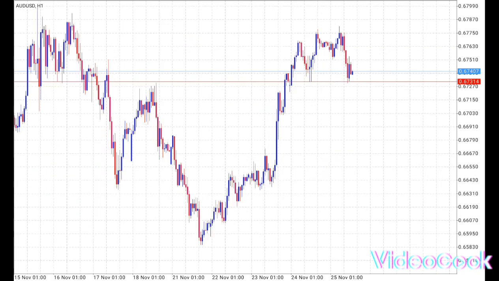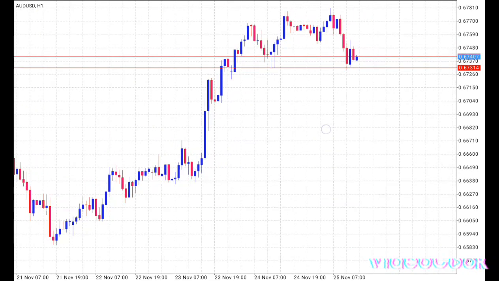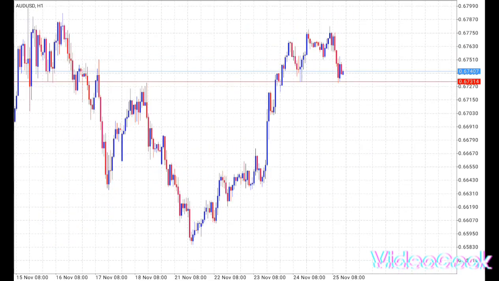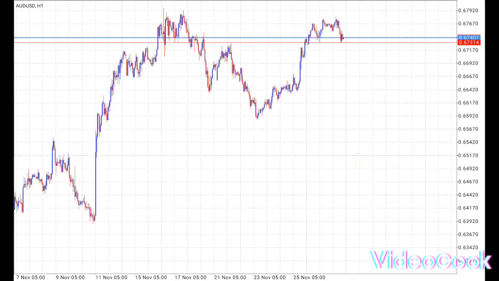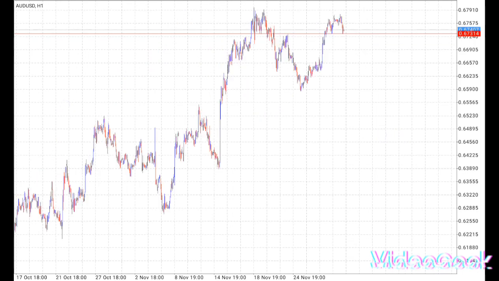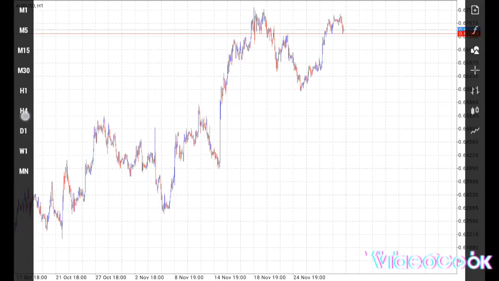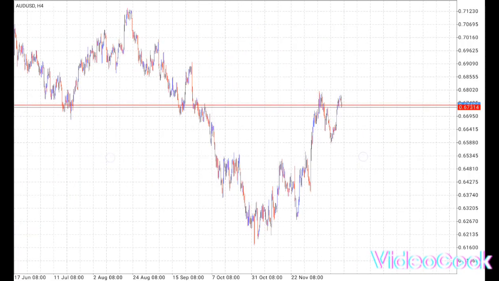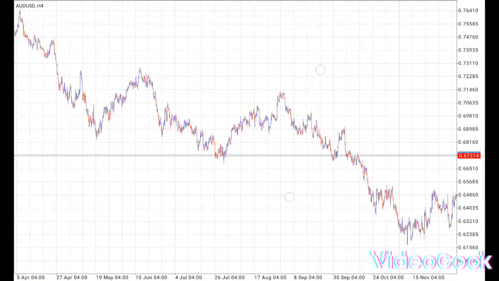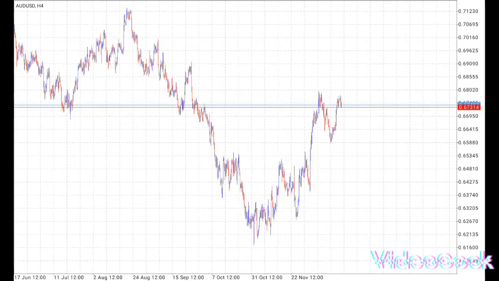So we can zoom a little bit and see where our trend is right now. But as you can see from my first analysis, the first part in the H4, look at the H4 right now. You can also make a trend line.